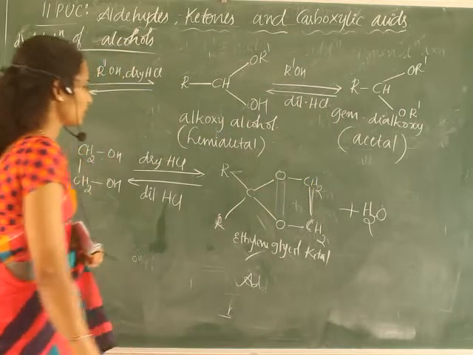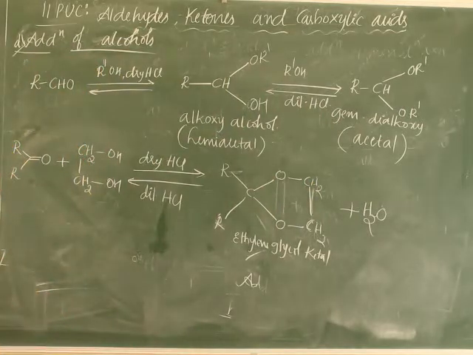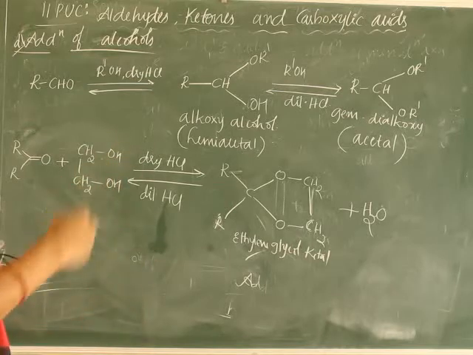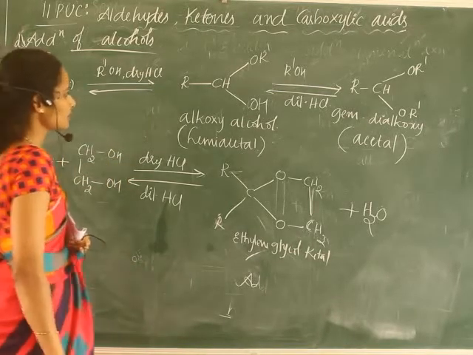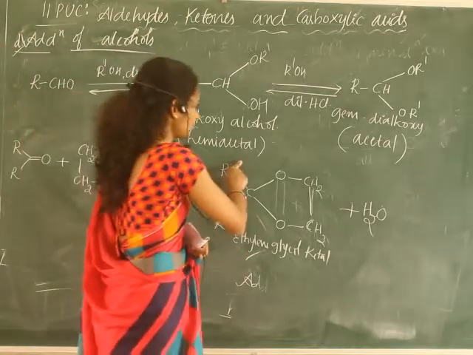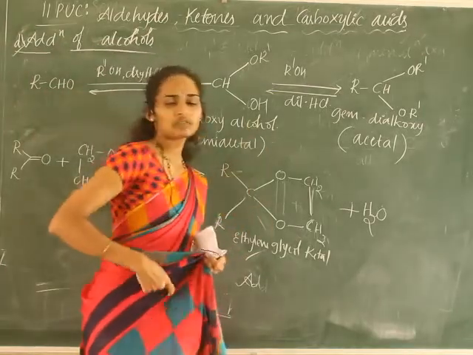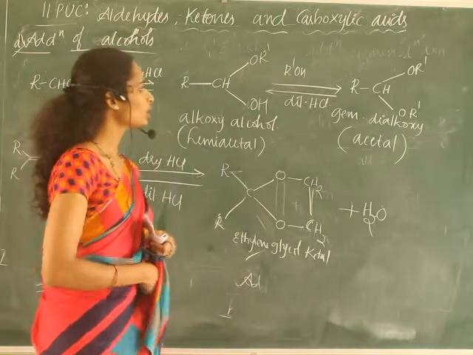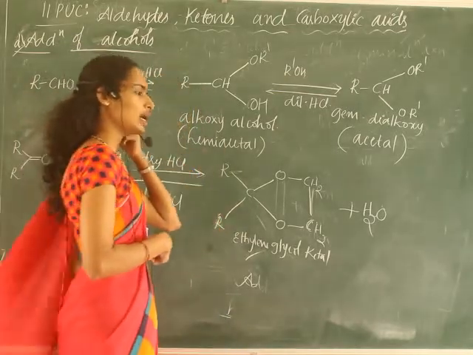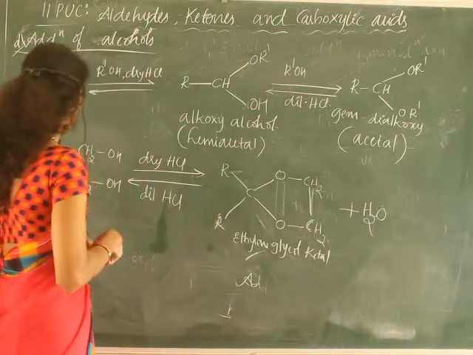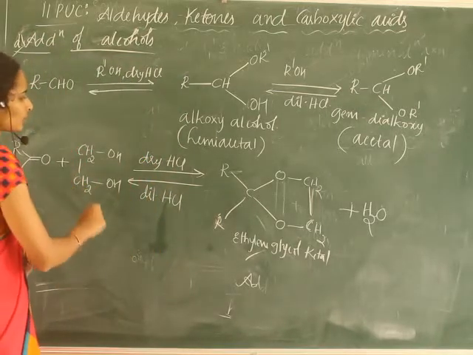So this is about addition of alcohol to carbonyl compound. First one is aldehyde on reaction with monohydric alcohol in presence of dry HCl results in the formation of hemiacetal, which on reaction with another molecule of alcohol gives a geminal dialkoxy compound called acetal. Next is ketone on reaction with ethylene glycol in presence of dry HCl, and with dilute HCl it is a reversible reaction, you will get back the ketone.